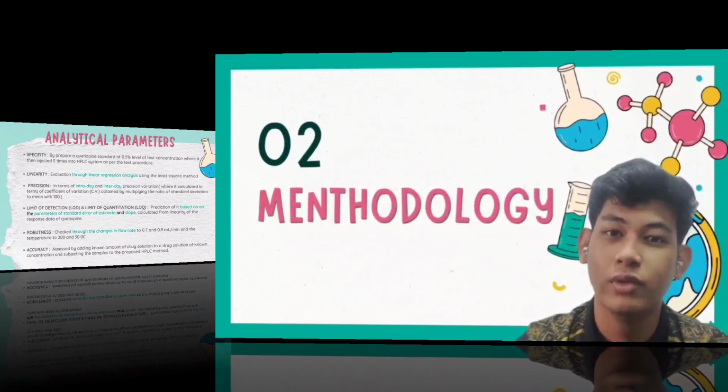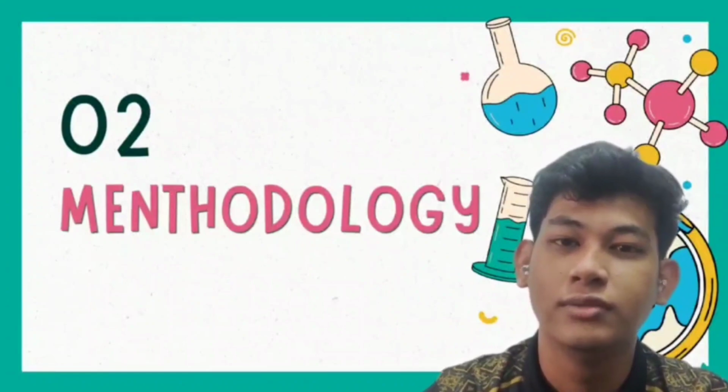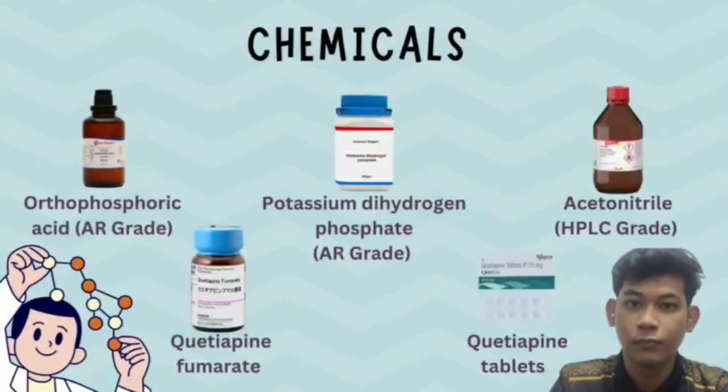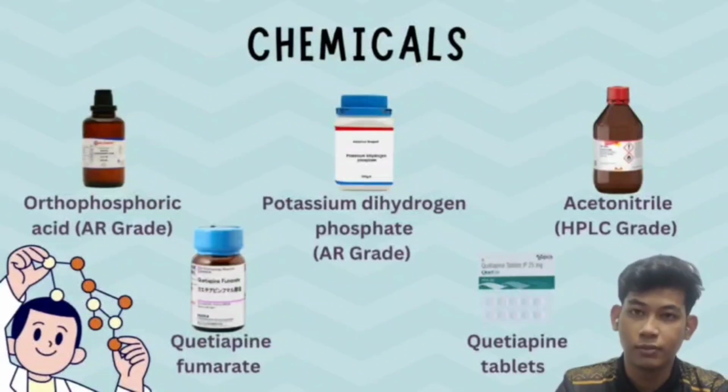Okay, now we will move to the methodology. For the chemicals, the first one is potassium dihydrogen phosphate, the second one is orthophosphoric acid, and the next is acetonitrile, quetiapine fumarate, and also quetiapine tablets.